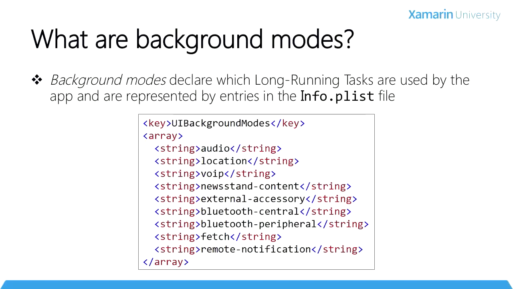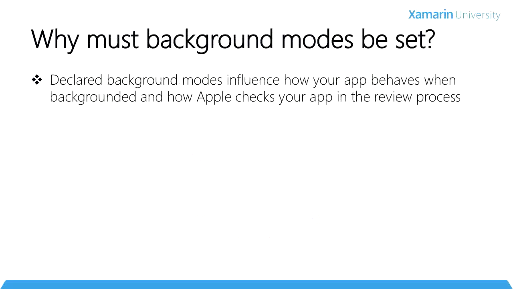The value of this key is an array of string entries, and those entries specify what services, what long-running tasks we want to use in our app. So for us, this will mean we're gonna have audio in there. If we wanted to receive location updates, we had to add the location entry there. We don't have to configure this manually. We can use Xamarin Studio to do that conveniently via the UI.